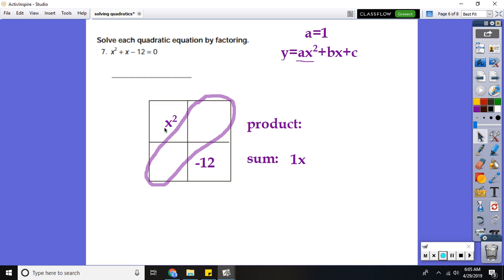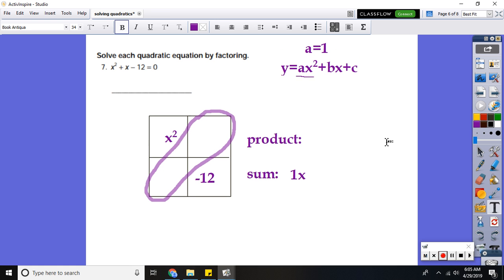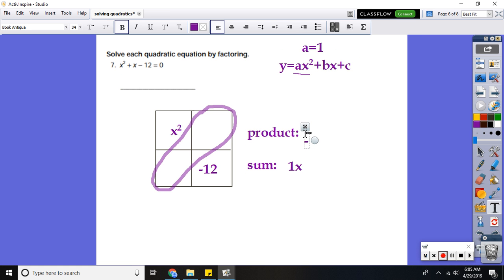The product of these two boxes will always multiply to equal what the opposite diagonal multiplies to equal. So what I mean is that if I multiply diagonally this direction, I should get the same result as multiplying diagonally this direction. X squared times negative 12 is negative 12x squared.